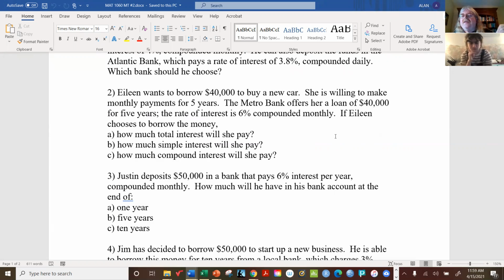Because if you know, let's say, the future value is 50,000 and she's only borrowed 40,000, that means she must have paid $10,000 worth of interest. Now the simple interest is easy. That's the I equals PRT formula. Yeah, that I could figure out. So the compound interest is just the difference between the total and the simple interest. That's what I did.